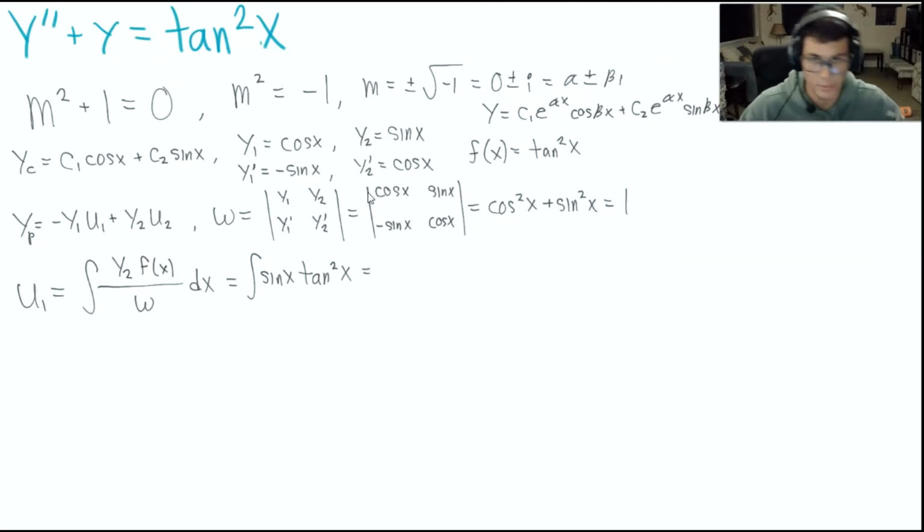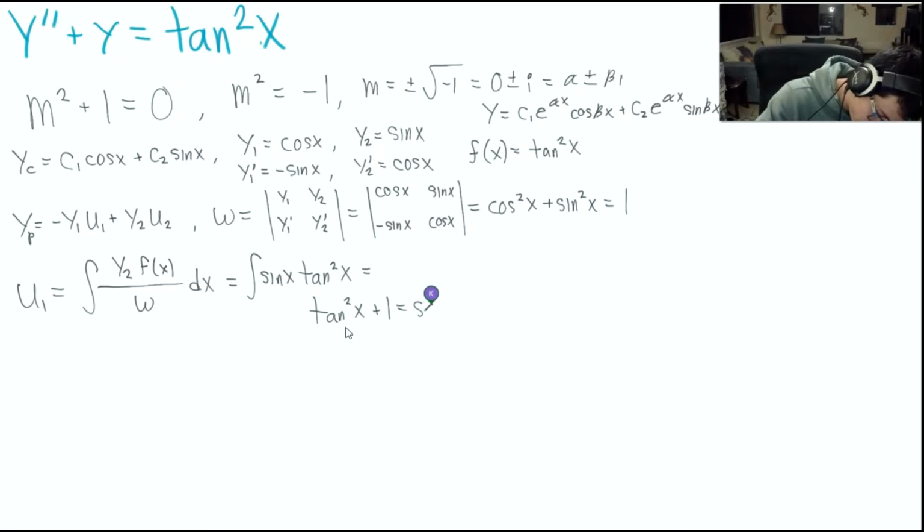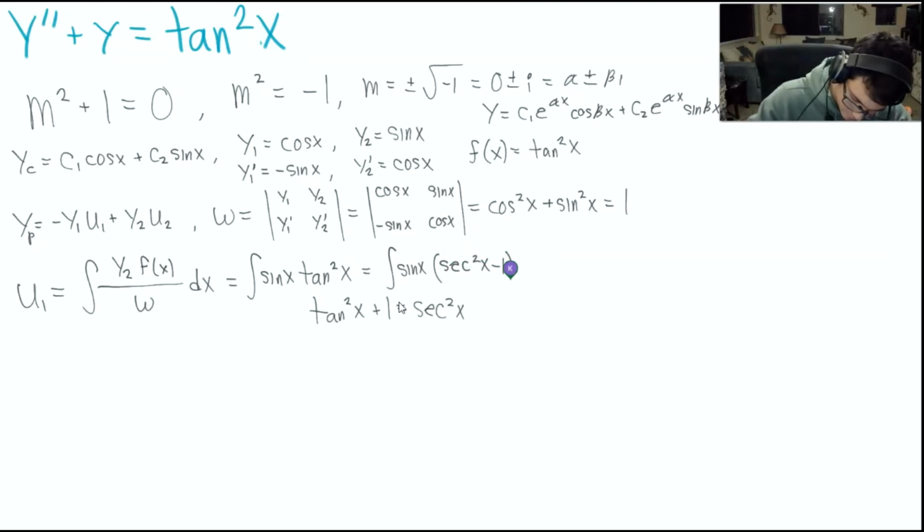So we have to figure out a way to rewrite this. Maybe we should try to use a trig property. I'm going to look at my trig sheet real quick. The trig identity we're going to use is tangent squared x plus 1 is equal to secant squared x. With that knowledge, we'll rewrite our integral as sine x times tangent squared x, which is the same thing as secant squared x minus 1, dx.